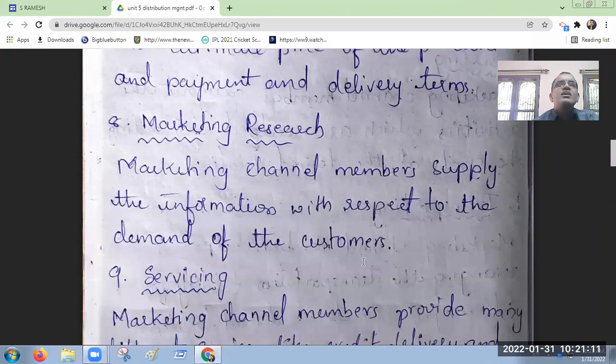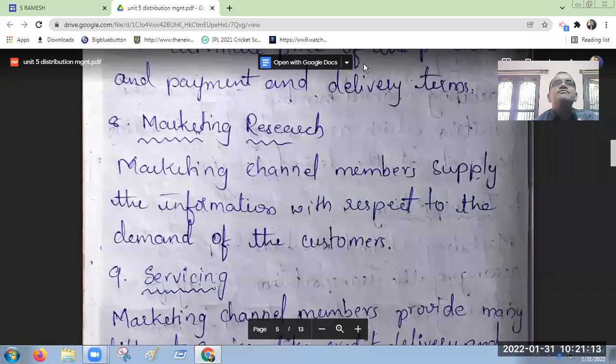Okay. Similarly, marketing research. See, I mentioned, no? Whenever the customer provides any information, any feedback regarding a product, a good, a commodity, a service, that information will be passed to the producer.